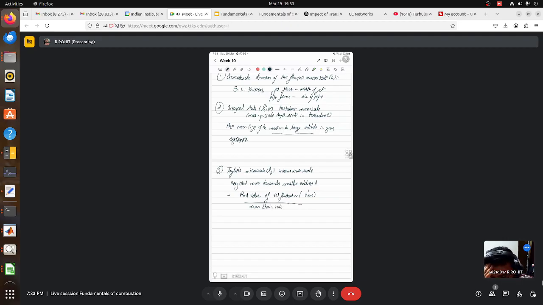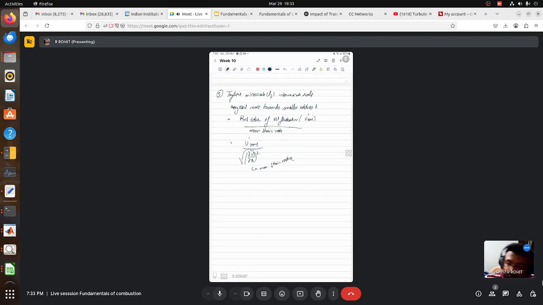If you remember, you might have seen this form: your RMS velocity by the square root of the mean square gradient of the velocity. This gradient of the velocity is nothing but your strain rate. So I hope that is clear.